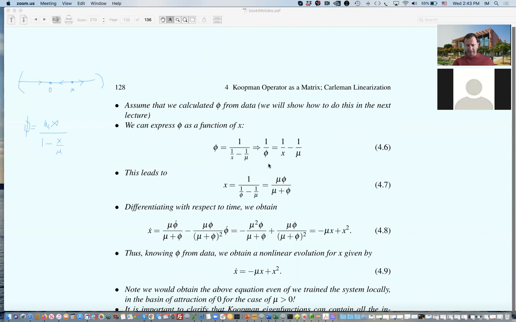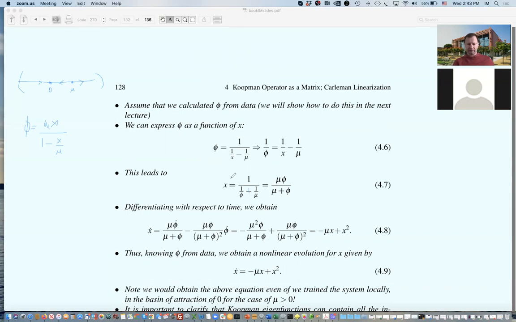So therefore x is going to be 1 over phi plus 1 over mu. That is actually a typo here. And that is going to give me that x is mu phi divided by mu plus phi.